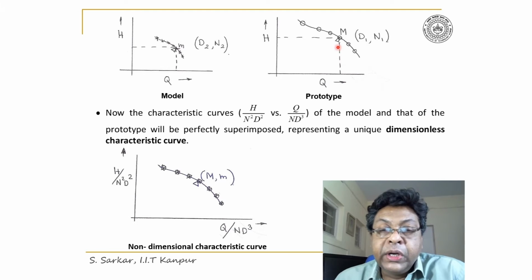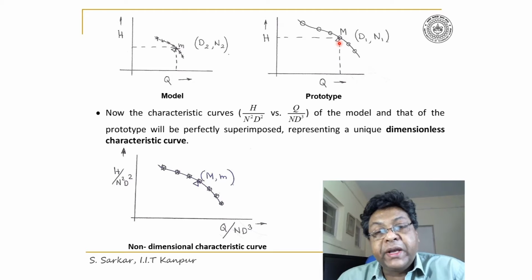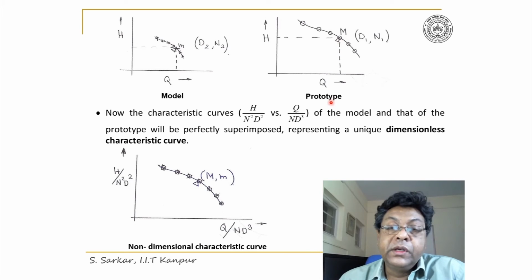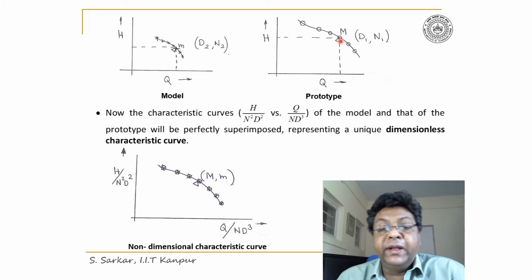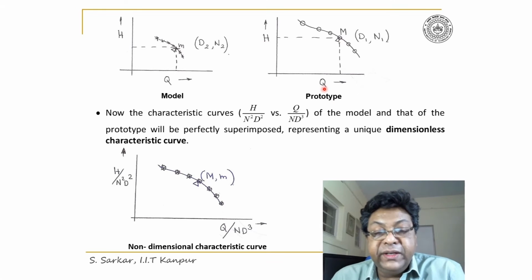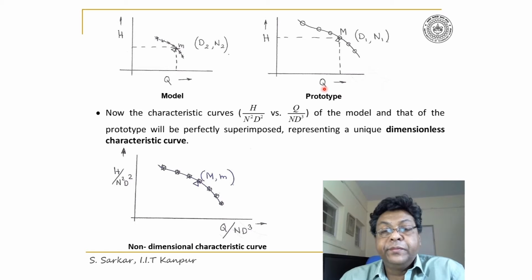And look, I have marked a point on the prototype by capital M, for which the machine is designed for this combination of H and Q. The machine is designed. That means at this point M, it will give maximum possible efficiency.